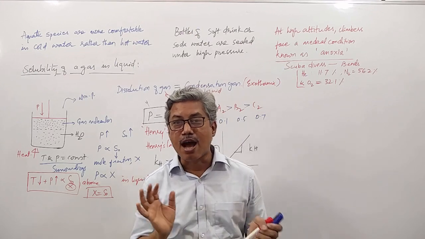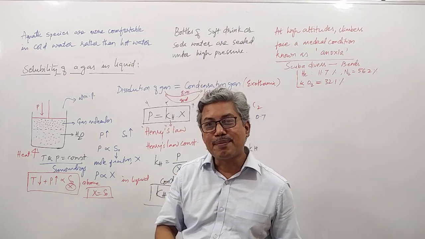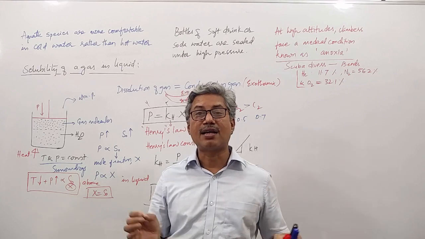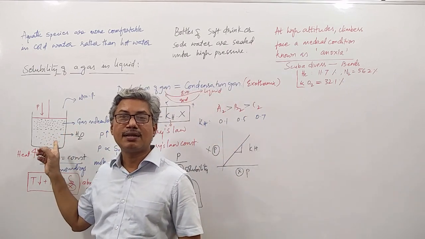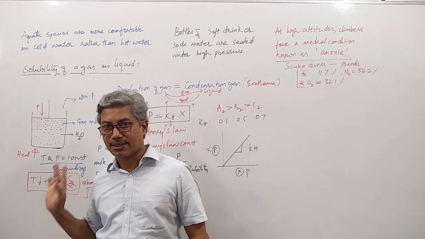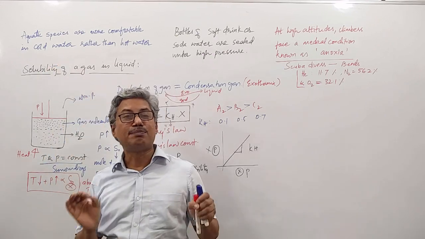It means that you are opposing the system's process. Is that clear, students? Your act is opposing the system's process. It means that dissolution decreases if you increase the temperature of the system. Is it clear, students? Now, look at this aquatic species, that is marine life.